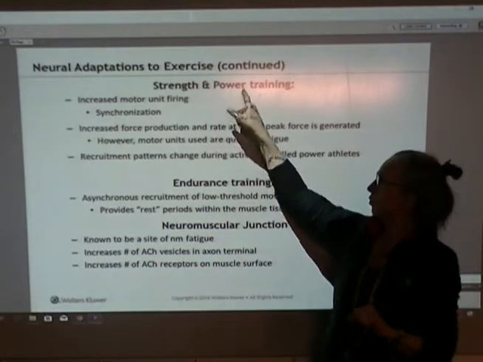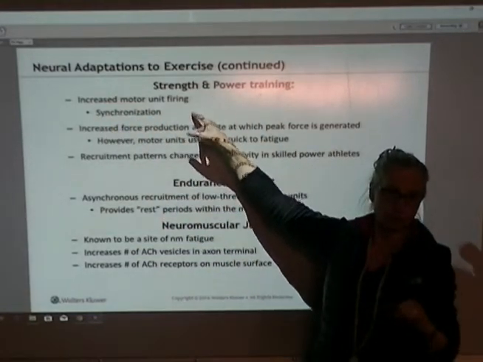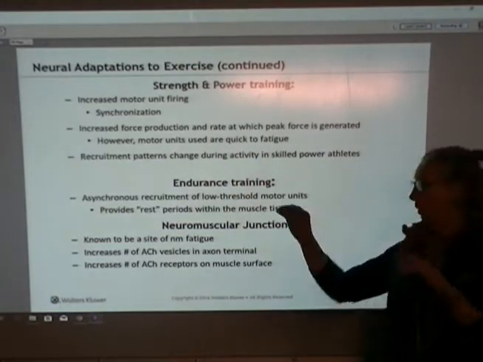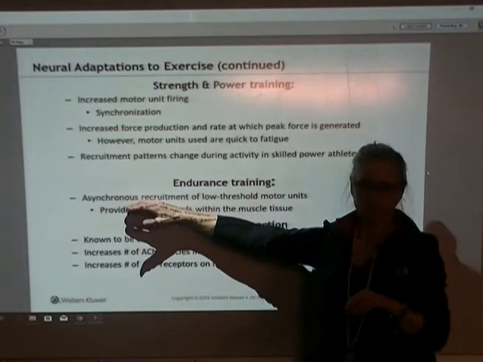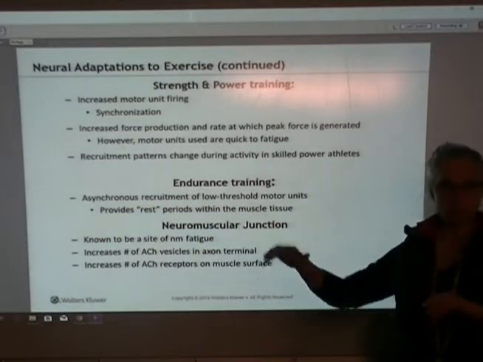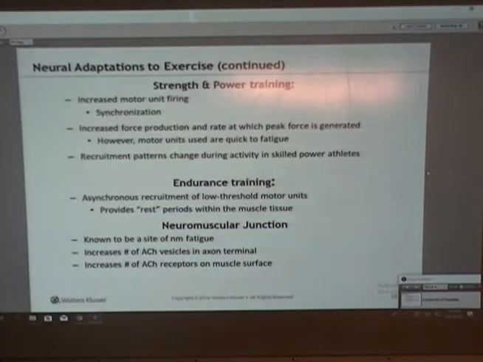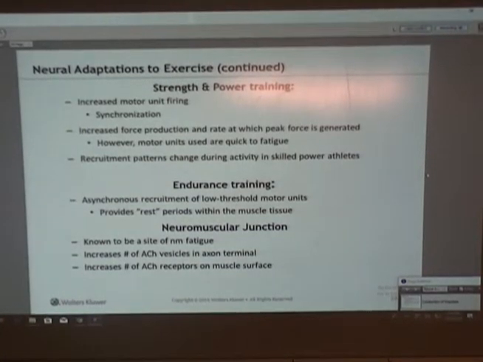So strength training, we see increased synchronization, more muscle fibers contracting at the same time. And with endurance training, we see asynchronous recruitment of the motor units, so that we turn on some motor units and we give others a rest, but that means we can keep going for hours and hours, and that muscle does not fatigue.